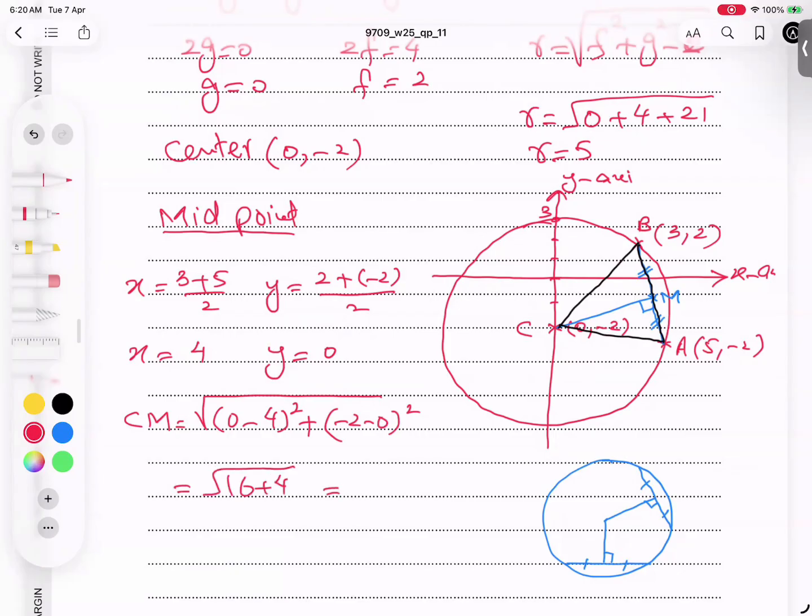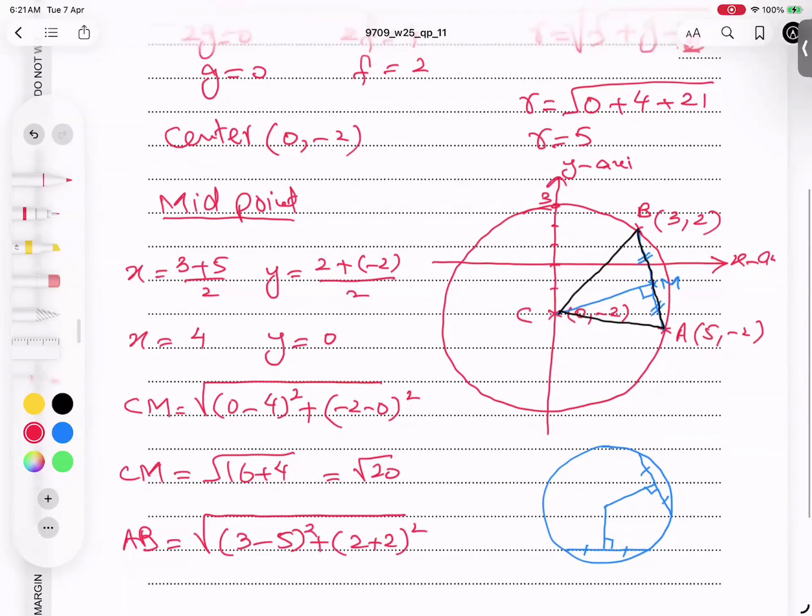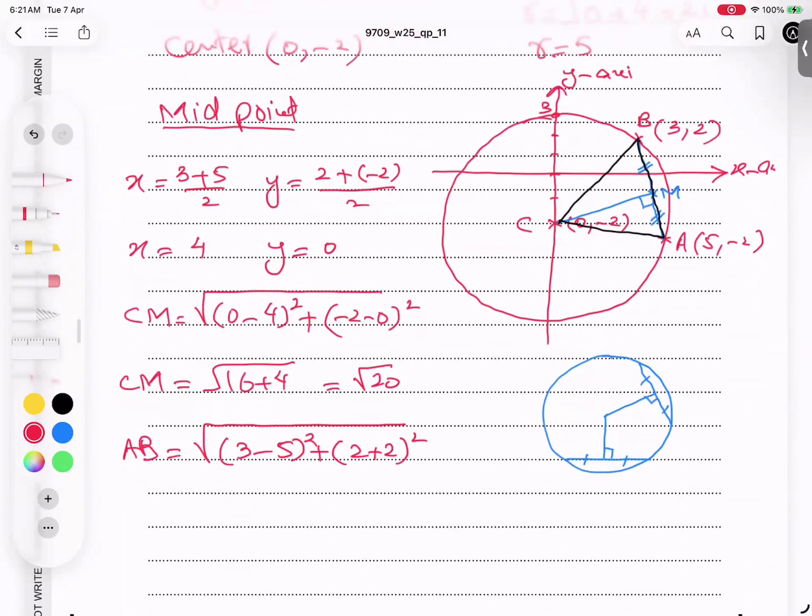So we got root 20 as the CM distance. So I got a perpendicular. Now I'm going for the AB distance. So 3 minus 5 whole square and 2 minus (-2) whole square. And here I get 4 and 16.